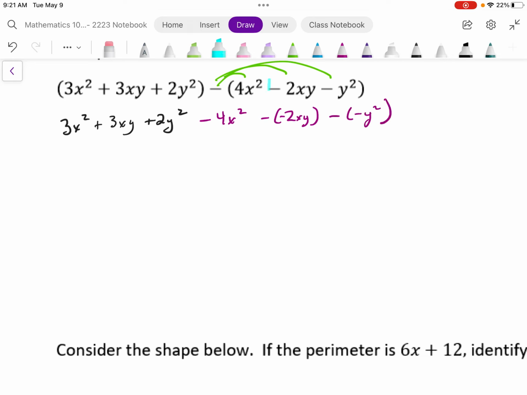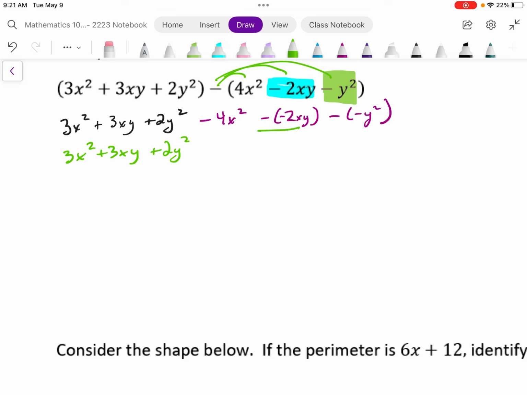A little bit trickier now. Keep in mind that I consider this to be a term and this to be a term. So when I subtract the term, they become double negatives. So 3x squared plus 3xy plus 2y squared.